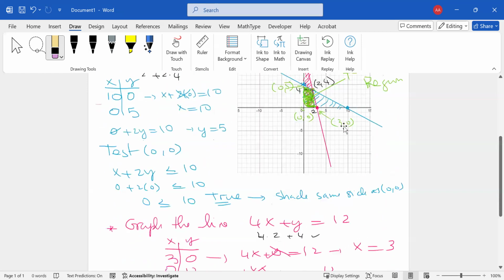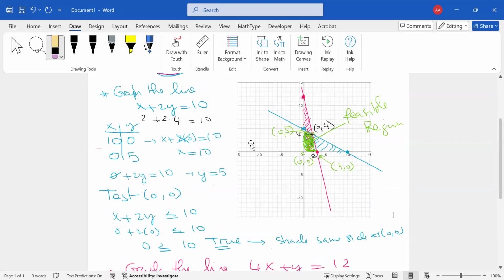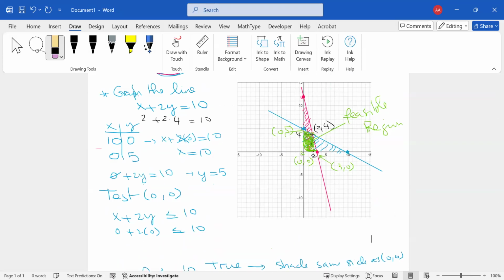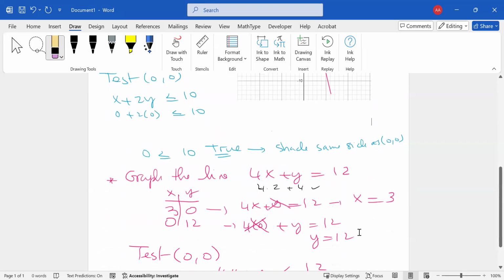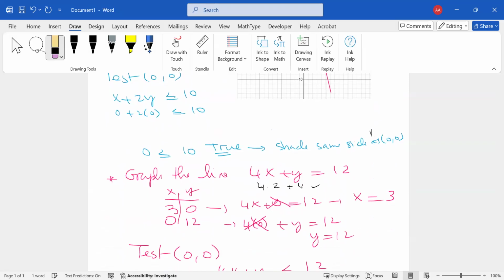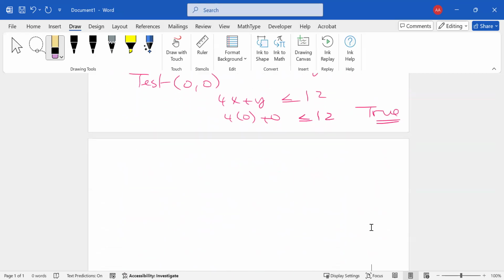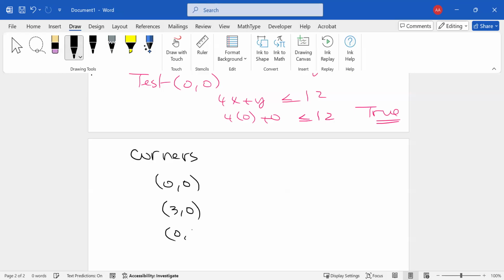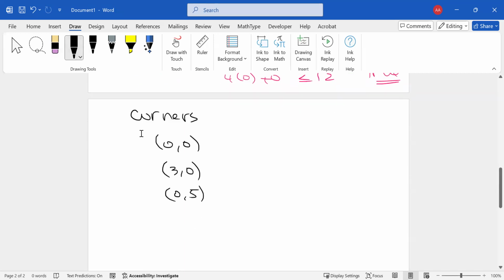So we said we have the corners, so all the corners are 0, 0, 3, 0, 0, 5, and 2, 4.